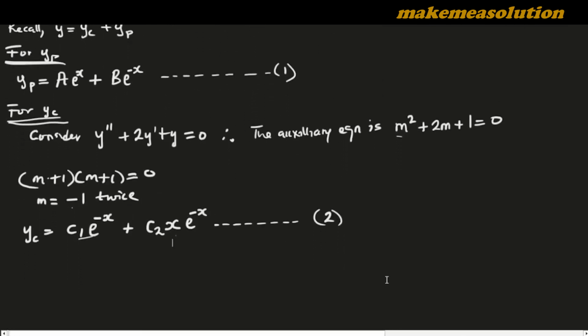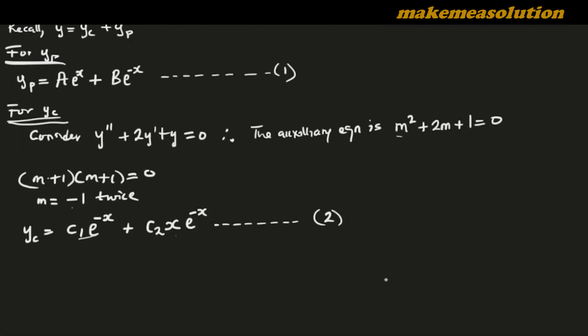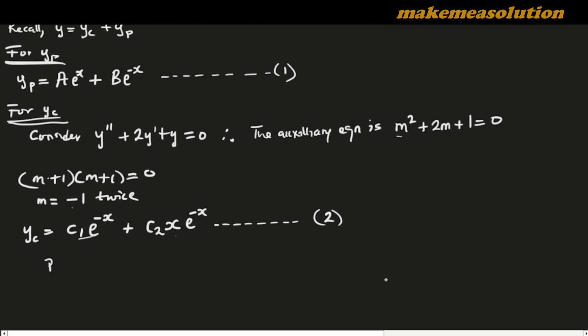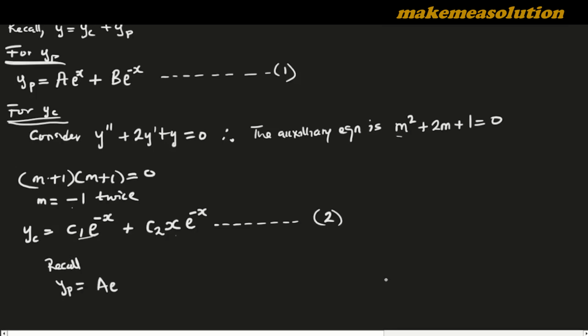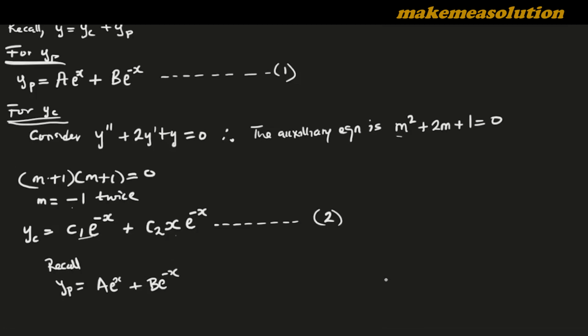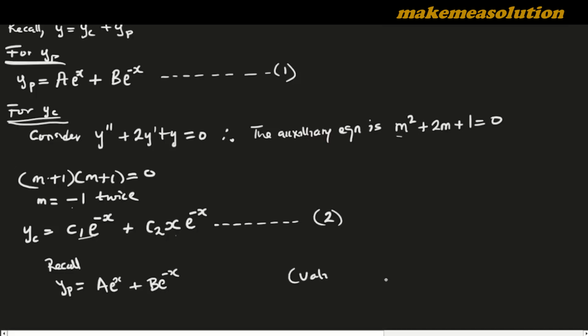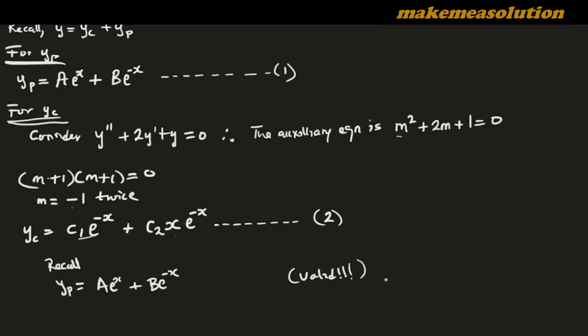Now that you've gotten your complementary function yc, you have to recall that yp is equal to a exponential x plus b exponential minus x. Before this yp can be valid, we need to make sure that there is no term occurring in this yp that occurs in the yc we've gotten above.